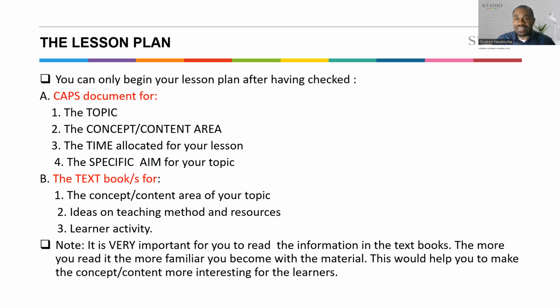And this is the type of activity you're going to do. For instance, you're going to use questioning, or group activity, which is part of collaborative learning, or whole class discussion, or any other of the teaching methods to cover the topic.